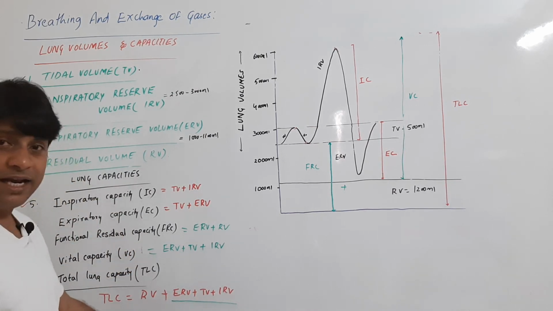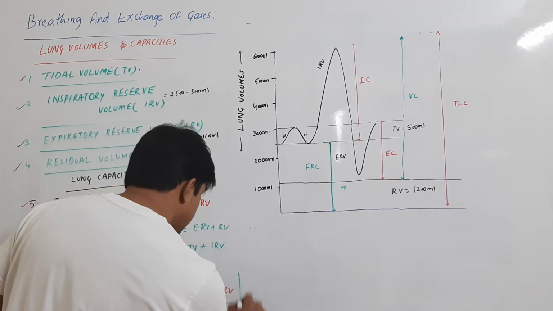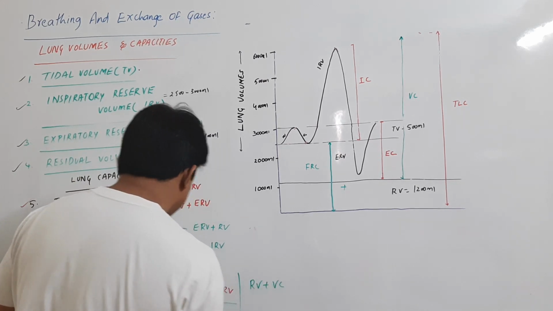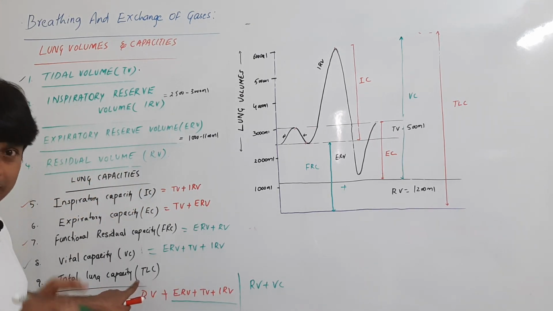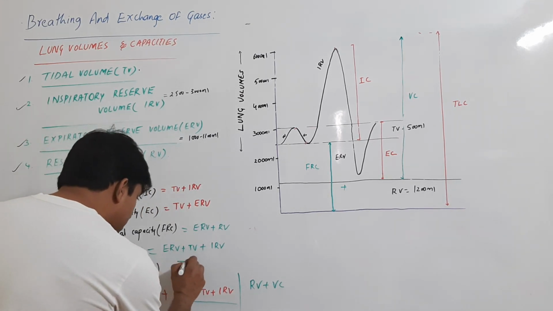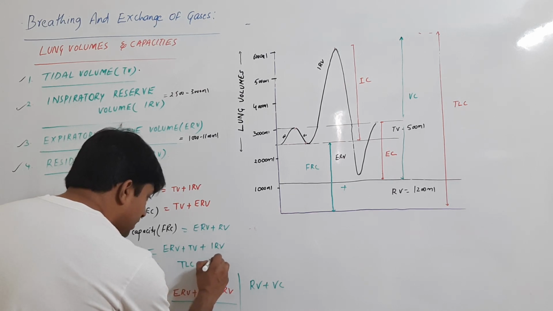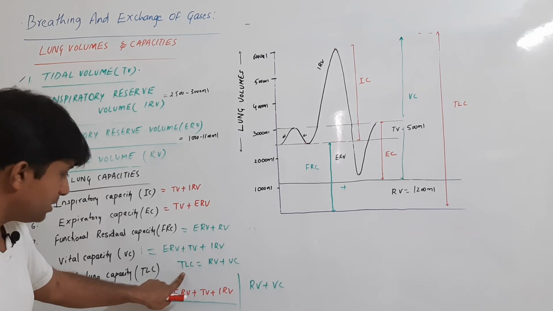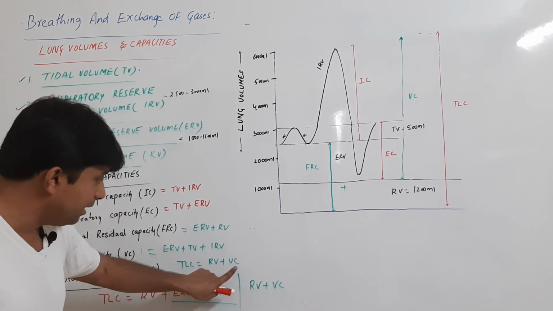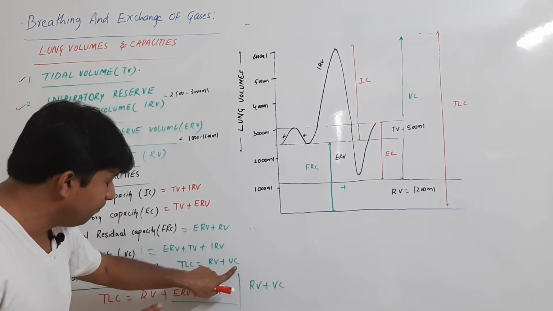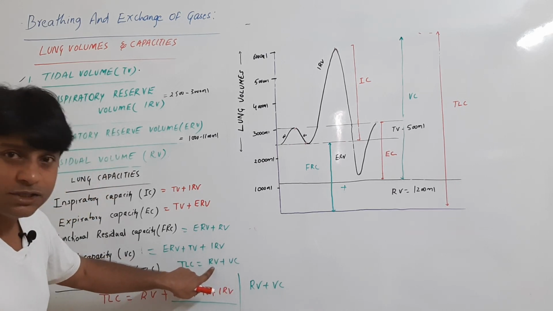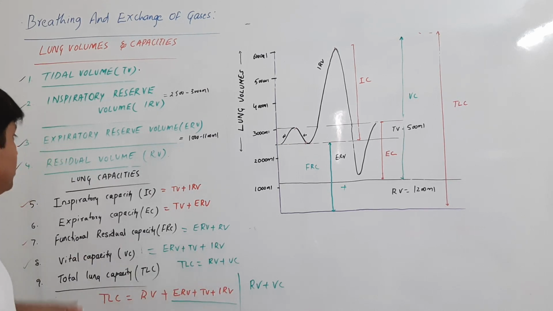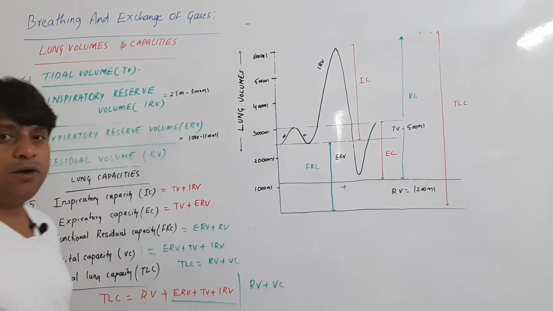That means if by any means you can calculate total lung capacity, minus vital capacity will be your residual volume. You can calculate residual volume in that way, because by using a spirometer we cannot calculate residual volume.